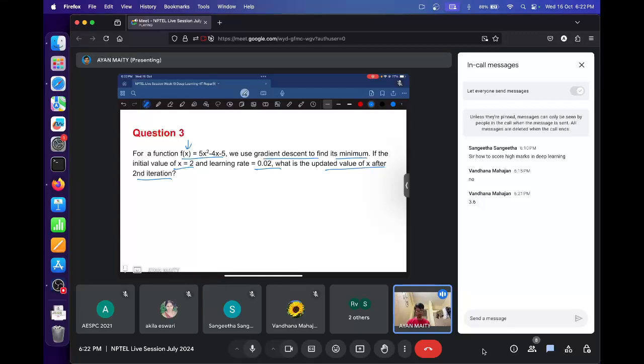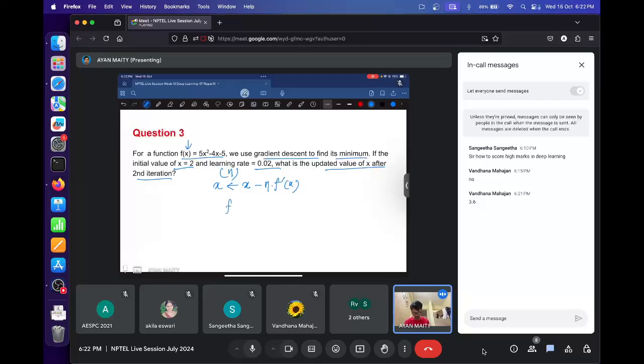So the update rule in gradient descent is that the updated x should be the initial x minus eta, where eta is the learning rate. So x is updated as x minus eta into f'(x). The f'(x) is computed on the initial value of x.